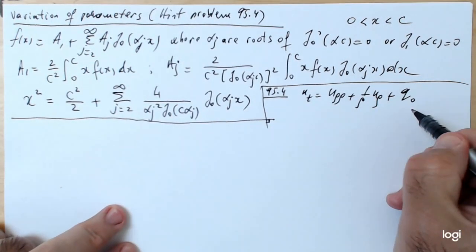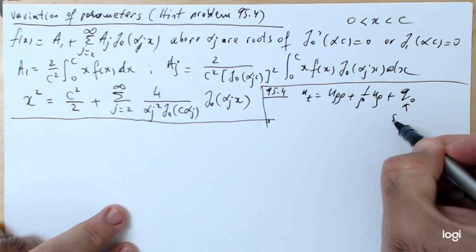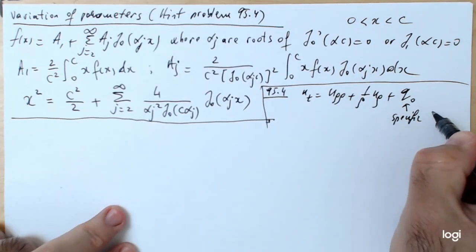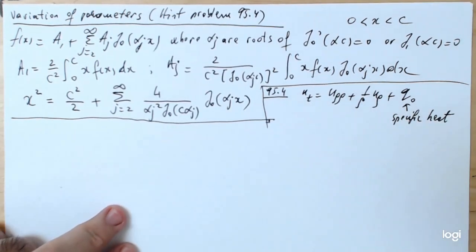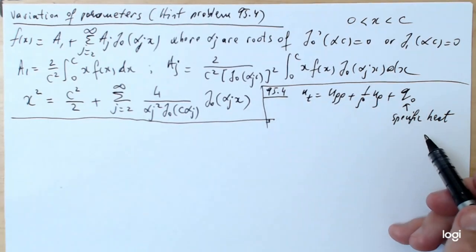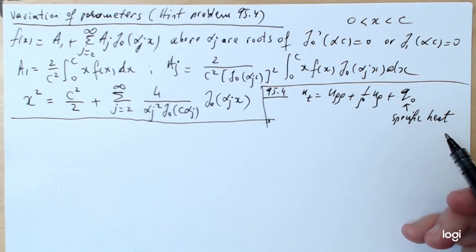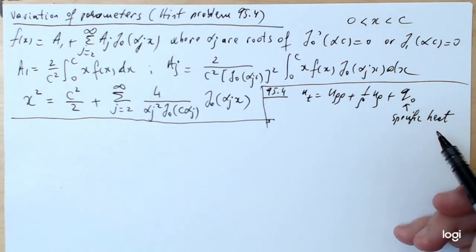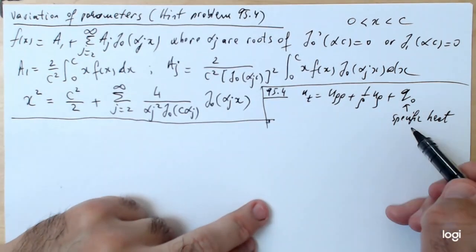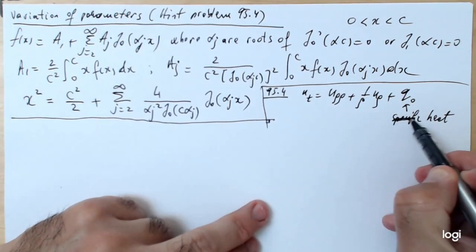This is called a specific heat, I think. Actually, I'm not sure about it, but let me see. Not specific heat. But anyway, the meaning of it is that this is basically let's call it internal heat.